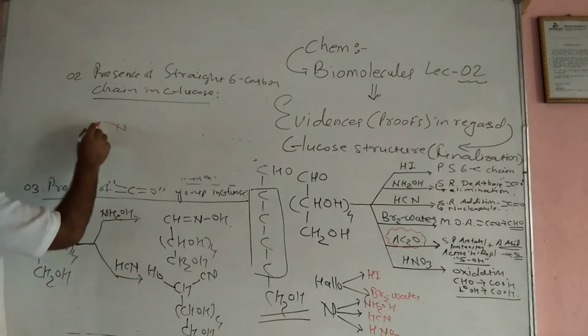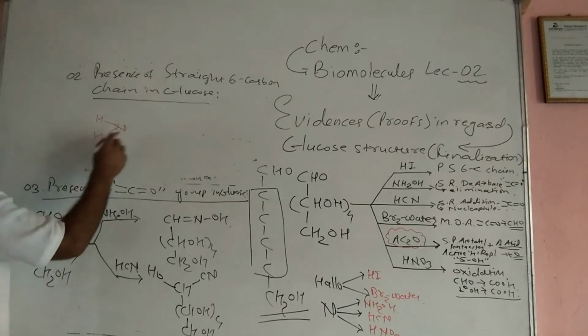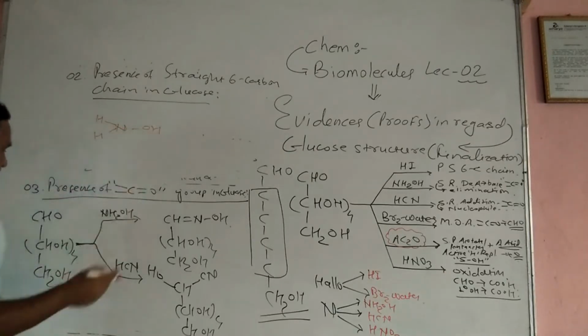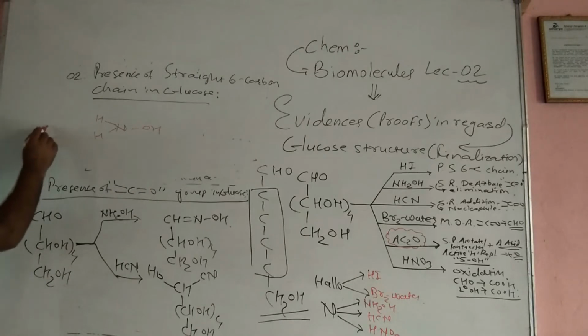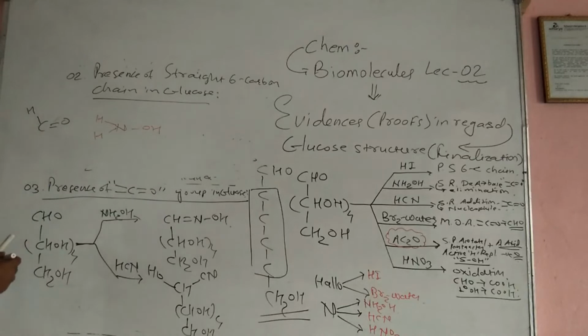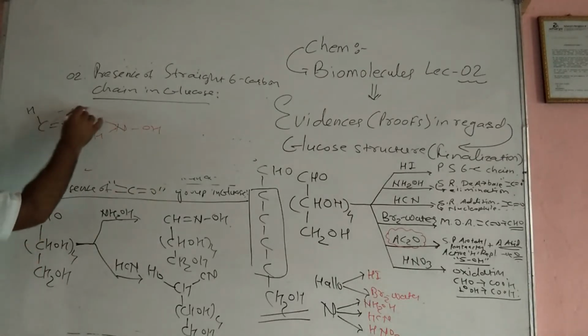This is the nitrogen and these are the two hydrogen atoms and OH on one side. Then here this is the carbonyl group of the glucose. You can write this as C double bond O. Then the elimination reaction takes place here.